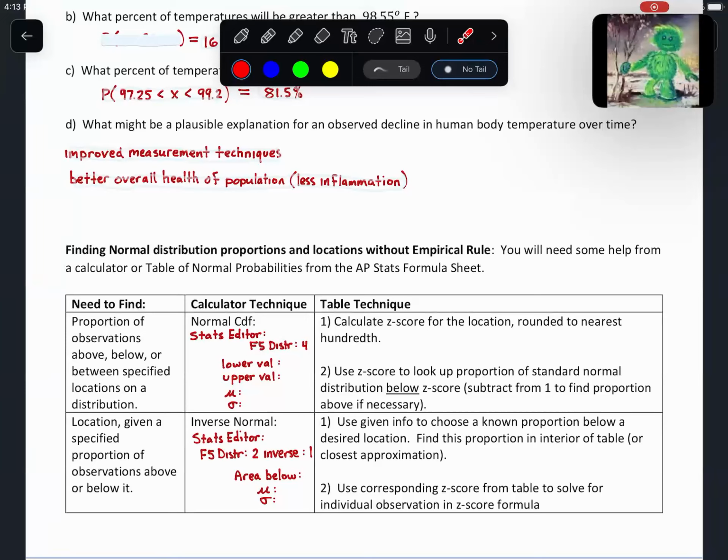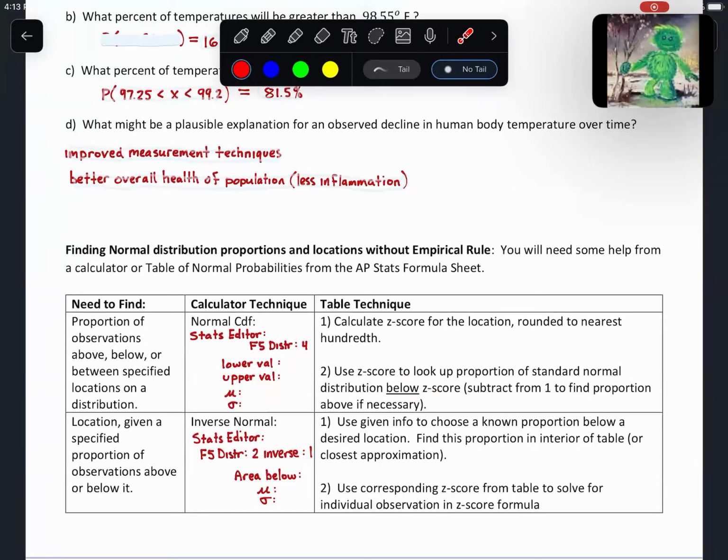I believe it's called Table A. We'll look at it in a second. But what you can do is calculate a z-score for one of your boundary locations, round it to the nearest hundredth, and then look the z-score up on the formula sheet in a table such that the table reports back to you the proportion of a distribution that lives below your z-score.